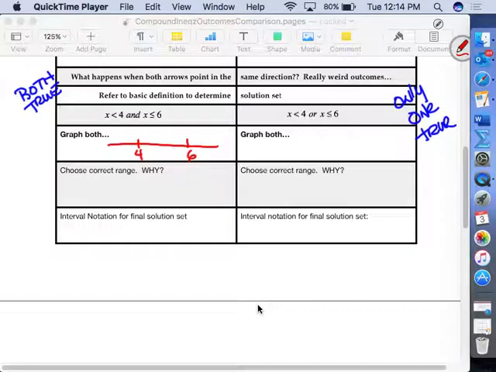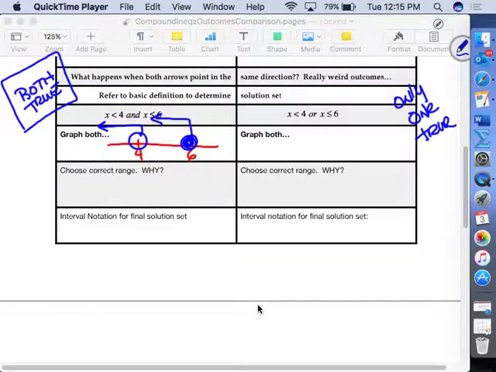Open circle, all of the numbers less than 4, but not including 4, and graphing the other side, solid circle, all of the numbers less than 6 and including 6. So I have to go back and invoke the definition in order to figure out which range would represent the solution set.